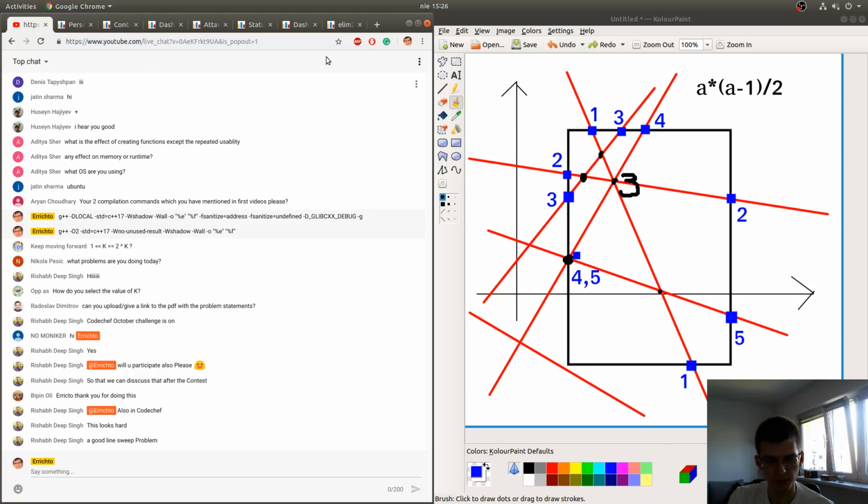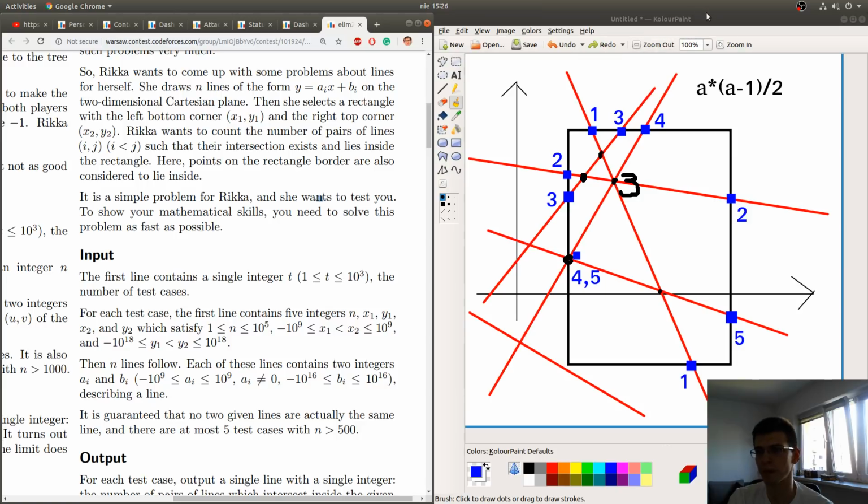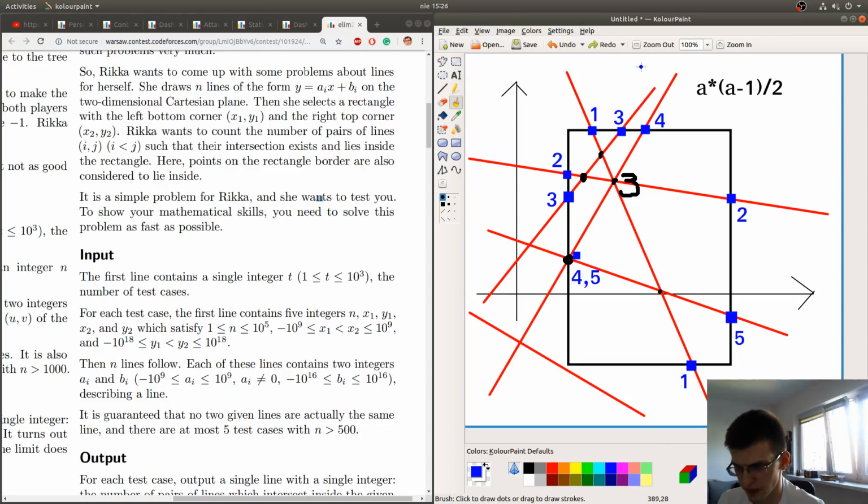A good line sweep problem. I wouldn't call that a line sweep problem. We don't really move with some sweep line, but there are similarities. Well, we have a lot of lines here. So for our new problem, we're given a sequence of numbers, for example, 1, 3, 4, 2, 5, 1, 4, 5, 3, 2.